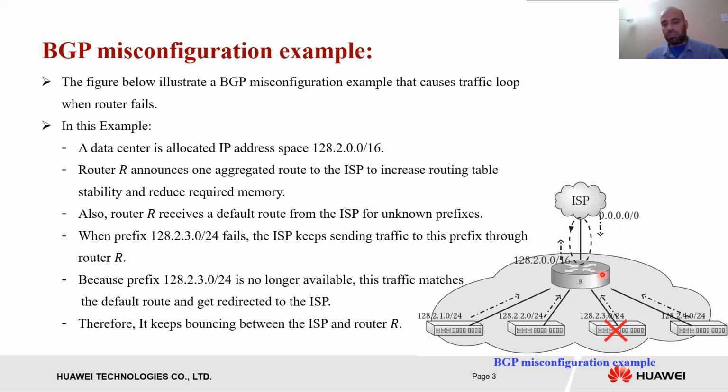This is not the desired behavior, and this mistake cannot be seen from the first configuration because it is triggered when a failure happens in the network. Similar BGP misconfigurations happened in other scenarios.